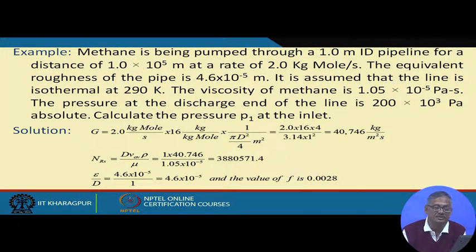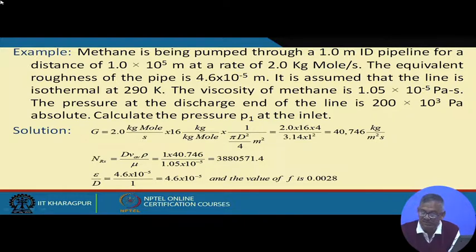Relative roughness you have to find out, and from there the friction factor value from the Moody chart, right? It is assumed that the line is isothermal at 290 Kelvin. The viscosity of methane is 1.05 × 10^-5 Pascal second. The pressure at the discharge end of the line is 200 × 10^3 Pascal absolute. Calculate the pressure P1 at the inlet, right?